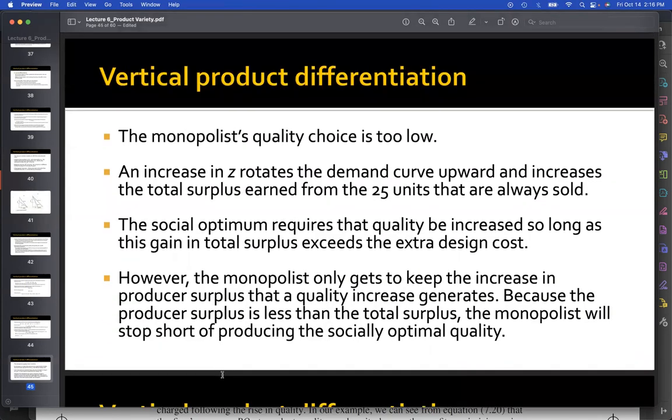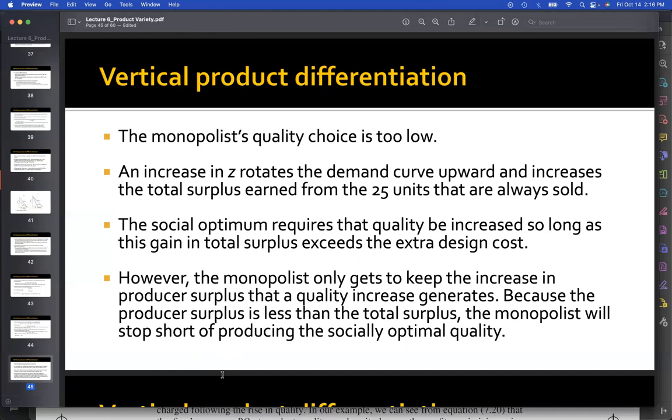Now, as usual, the monopolist's quality choice is too low. An increase in Z rotates the demand curve upwards and increases the total surplus earned from the 25 units that are always sold, because 25 is always going to be the Q, whatever your Z is.